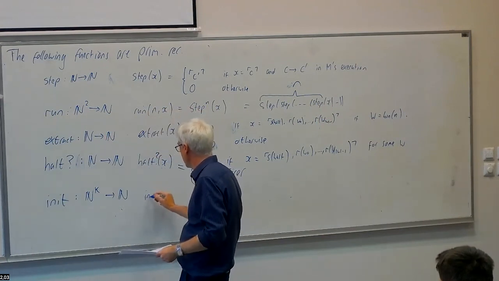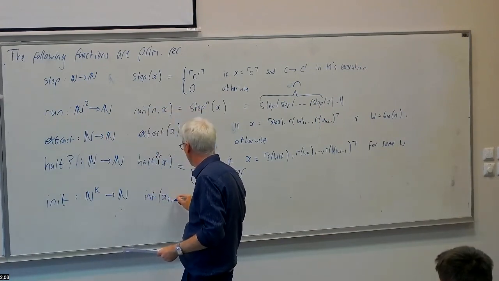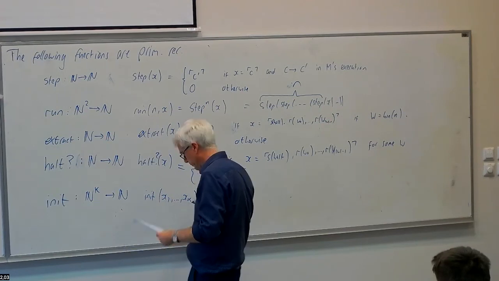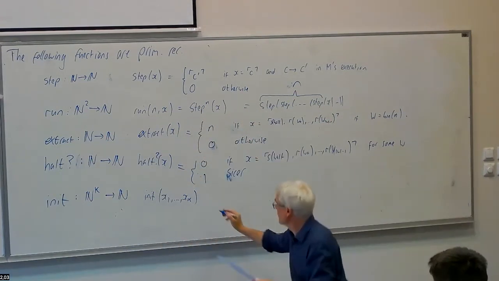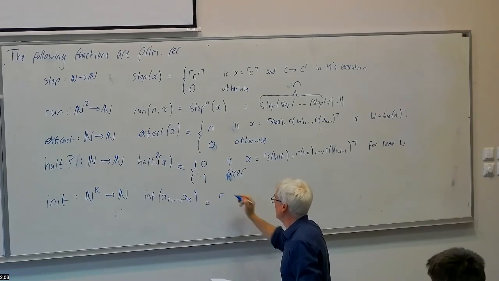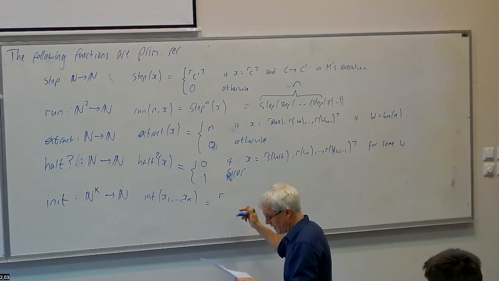So init of x1 through to xk is going to give us the encoding of, well, the initial configuration. We're in the start state with the head at the left.